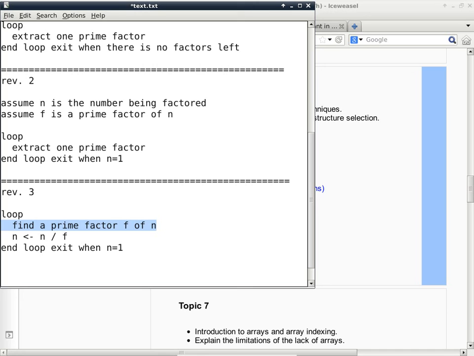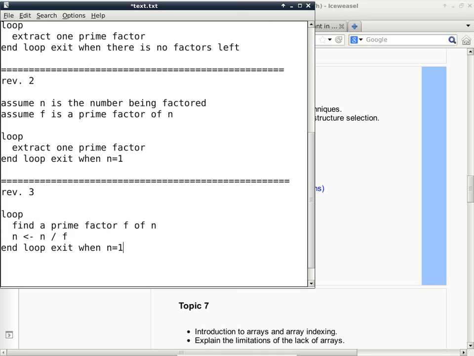It's the same thing here. I'm just saying that I don't want to deal with the details of doing this. I just know that this is what I want to do. In other words, it tells me what I want to do, but not necessarily how to do it. Is that okay? So top-down design has a lot of this kind of stuff. It is focusing on what we need to do, but not how we can do it.